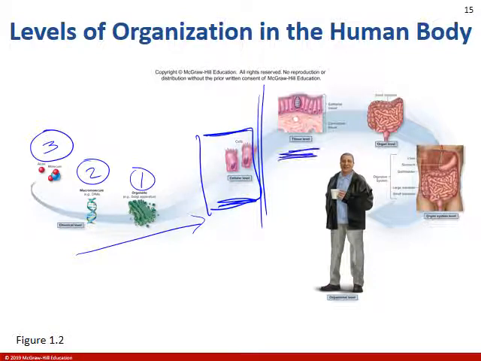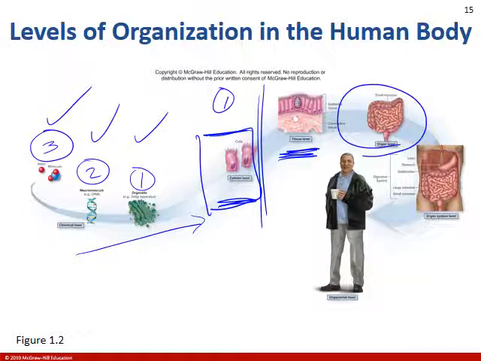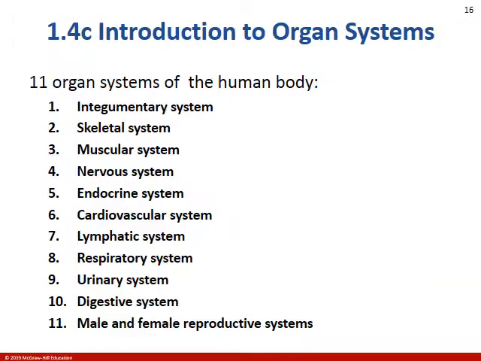So what is tissue? Tissue is composed of cells, organelles, molecules, atoms, right? What about an organ? An organ has tissues and cells and organelles. So hopefully we're seeing the point. Everything that's below is incorporated into the next level.